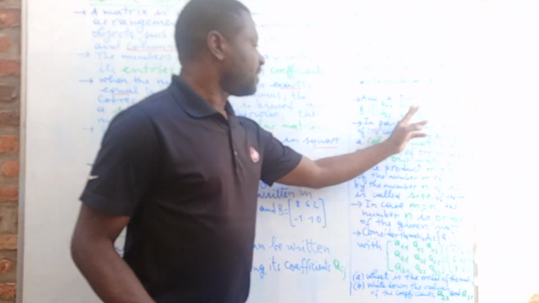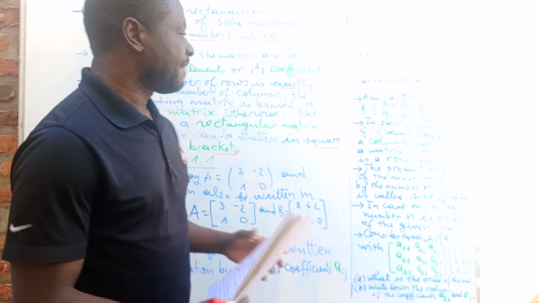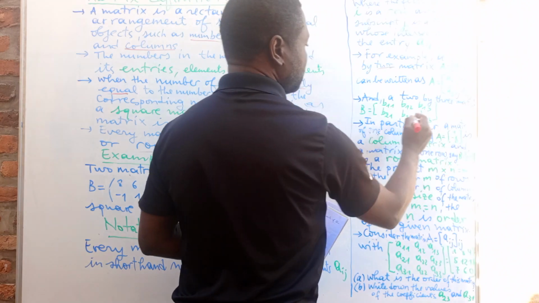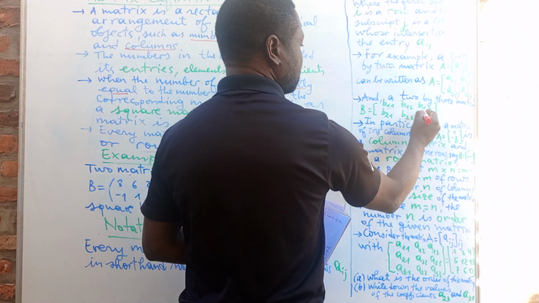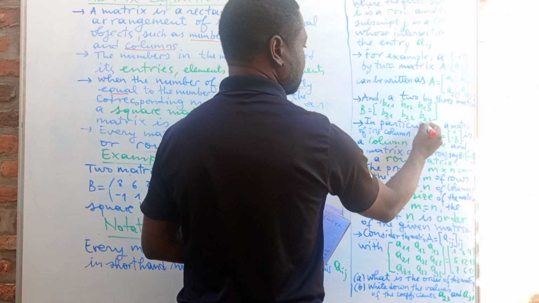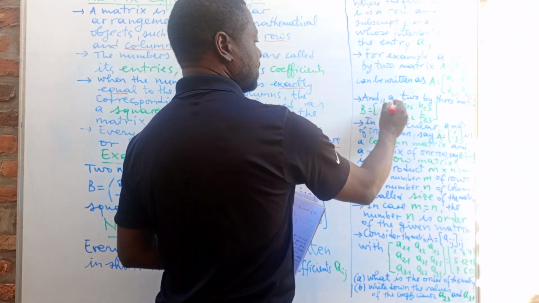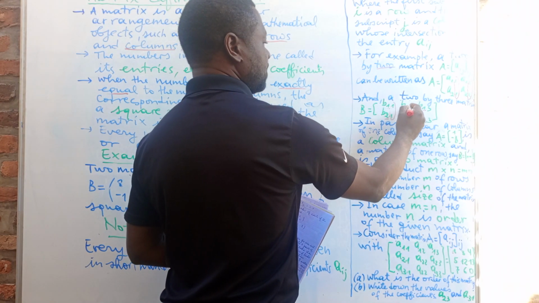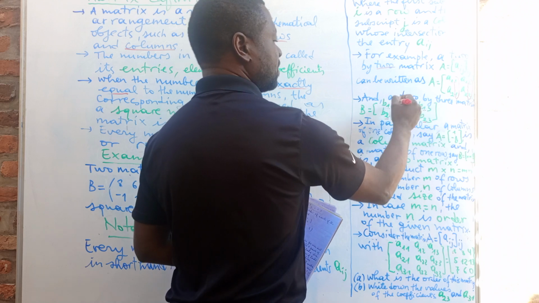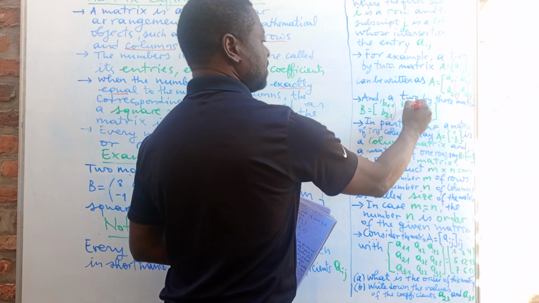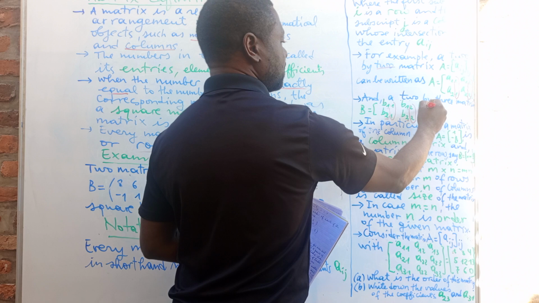This matrix B has 2 rows, the first row and the second row. It has 3 columns, indicated by this subscript here: first column, second column, third column.